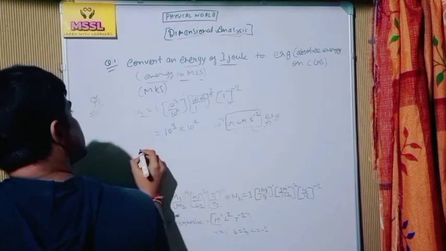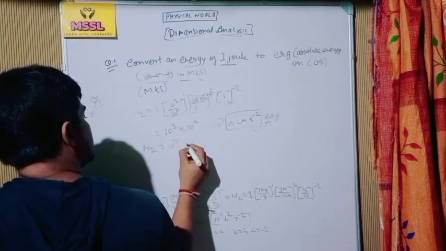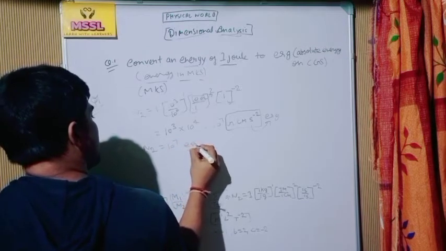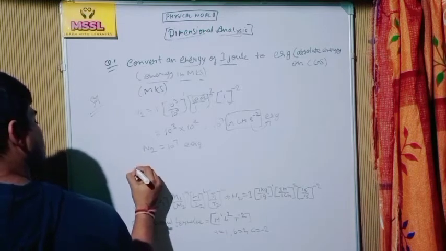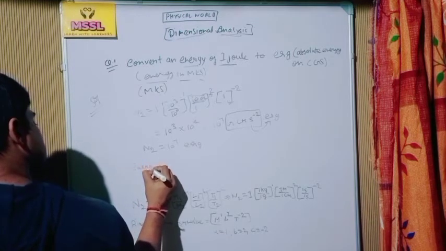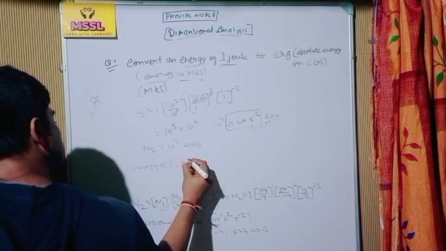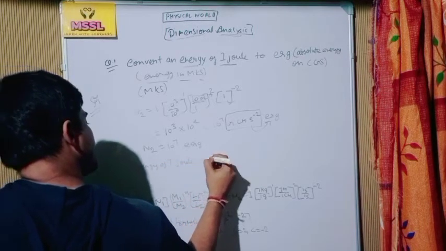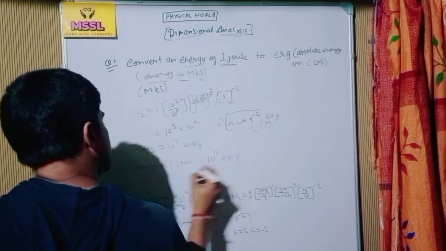So we can write N2 is nothing but 10 to the power 7 erg, or we can write energy of 1 joule equals 10 to the power 7 erg.